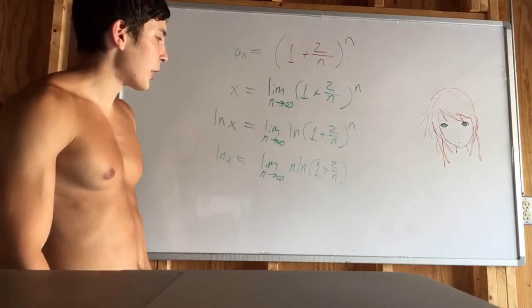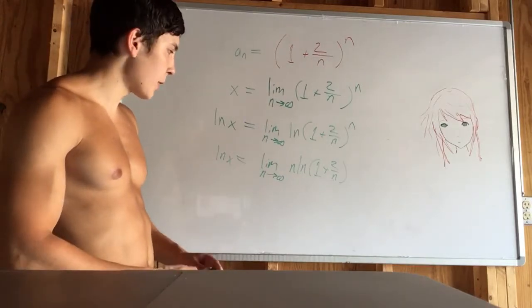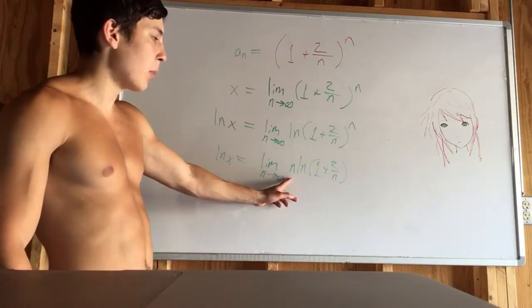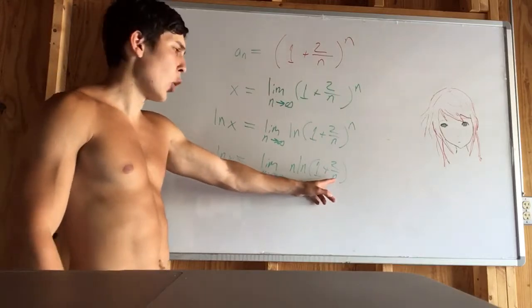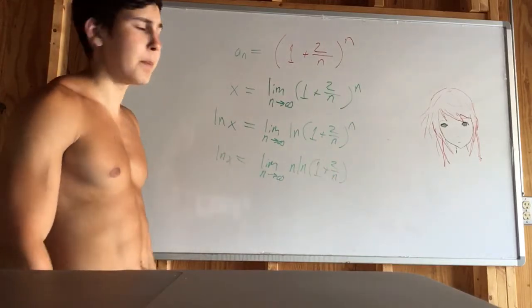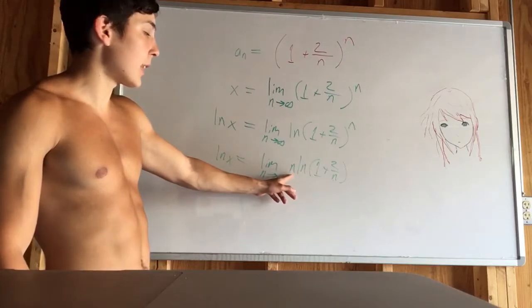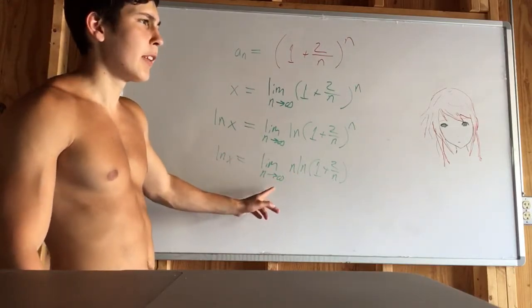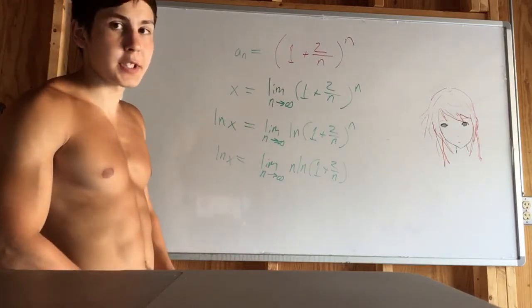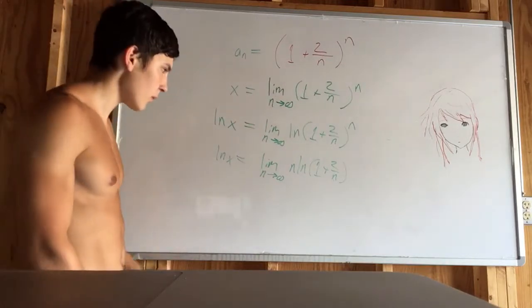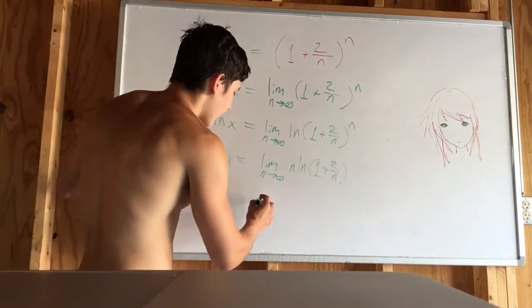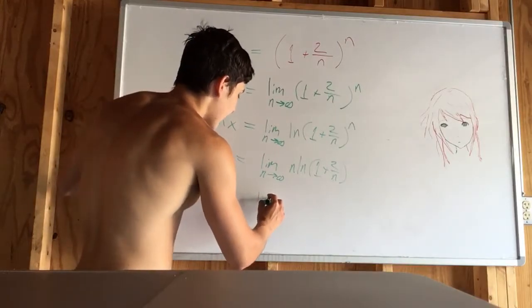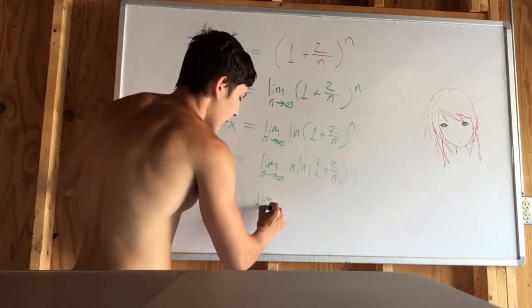Now there's another trick, and if you saw one of my other videos, whenever you have n multiplied and you've got 1 over n inside, you have to get this into 1 over n form and change the limit from n approaches infinity to n approaches 0. So that's what we're going to do here. We've got the limit as n approaches infinity.